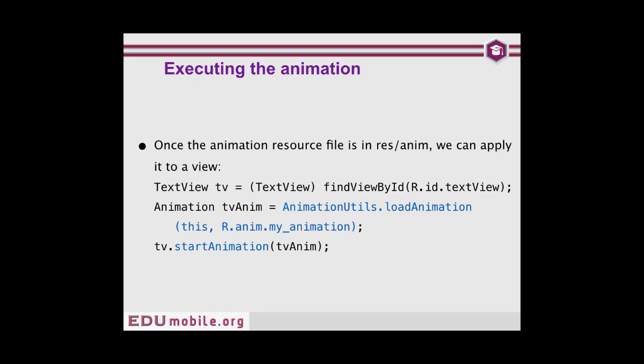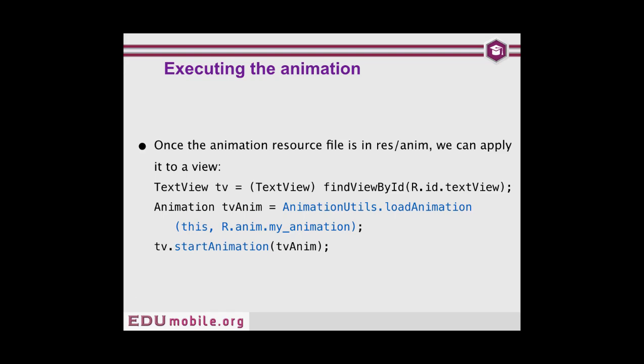I use AnimationUtils.loadAnimation, and then we need a context, this, and then the animation XML file, the path to the resource, R.anim.myAnimation, whatever we call it. And then finally, we start the animation. tv, and that's our text view, dot startAnimation with the name of the animation we're going to apply to it.